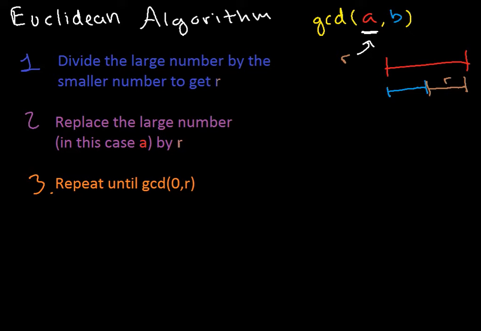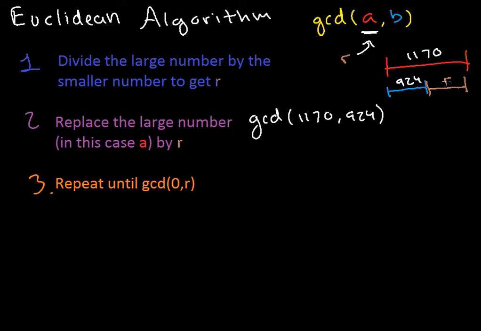Now, let's say we're looking for the greatest common divisor between 1170 and 924. Okay, so if we have 924, how much do we need to get to 1170?